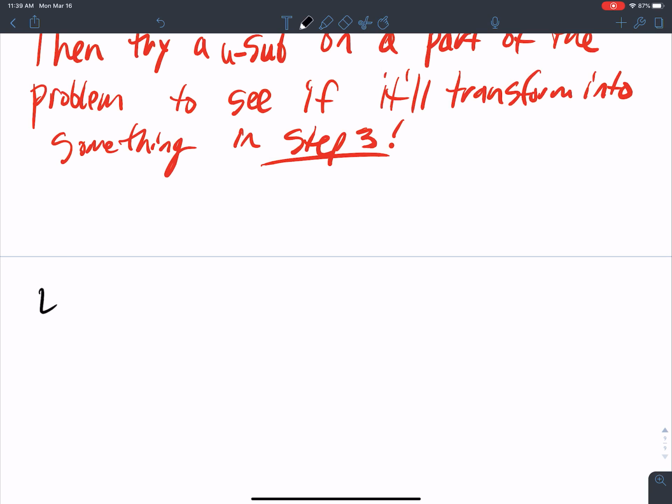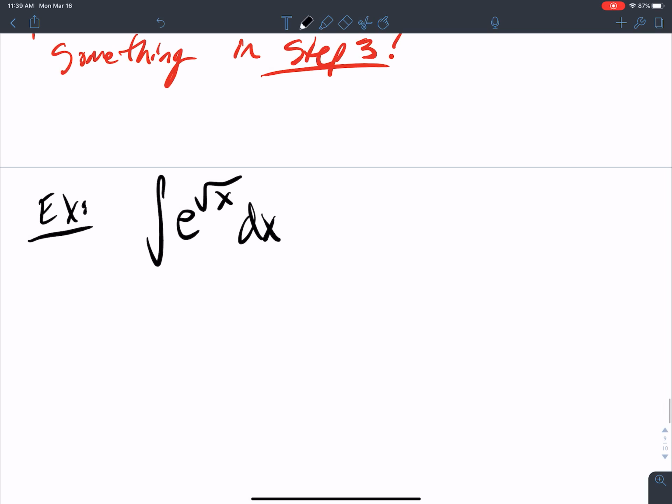So here's an example, something you could see in the future. Integral of e to the square root of x dx. That is a tricky one. Oh my goodness. So what could I do? Well, let's try something.